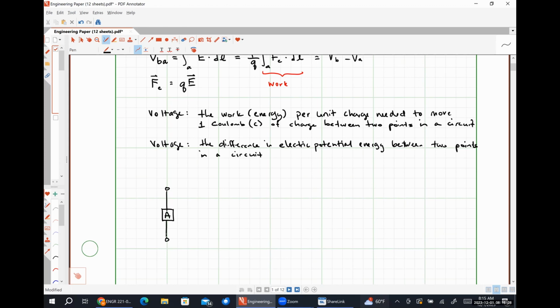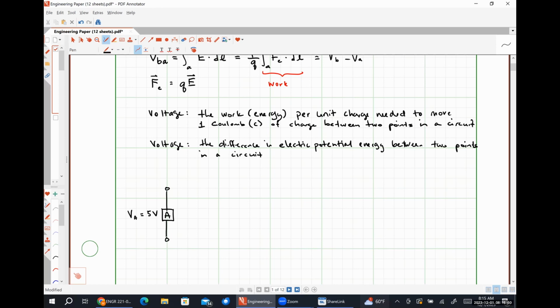Let's call this circuit element A, okay? And I am going to say that I have a voltage VA here that is equal to 5 volts.